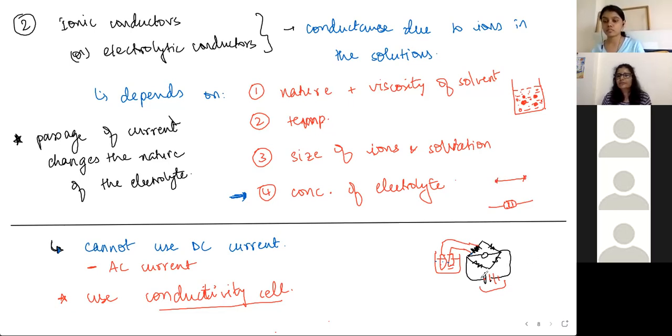You can't use direct current, and length and area also need some adjustments to be able to do the calculation, right? So these are the modifications. One is AC current, and the second is designing a conductivity cell so that you keep all your variables proper. So if you change only the electrolyte, you get proper values for it.